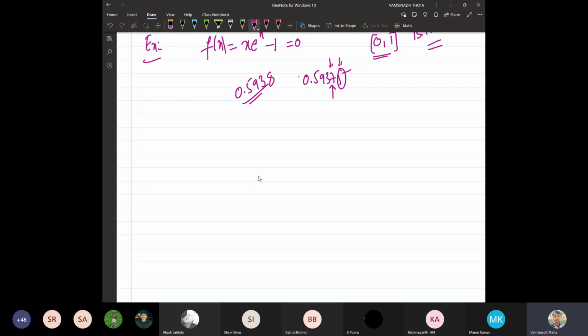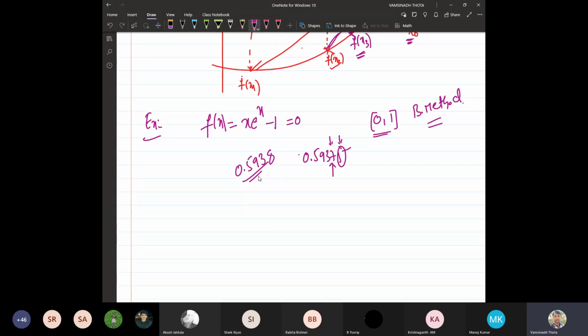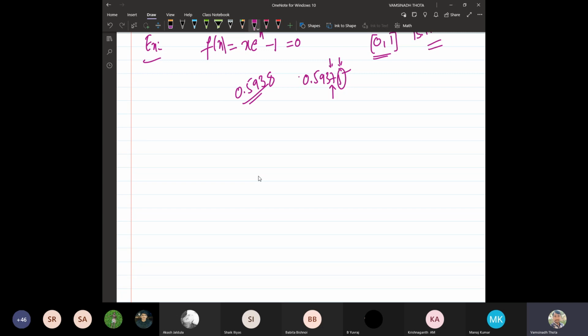Secant method. Sorry, now in the secant method we are not interested in the interval, right? Interval should not be there. Here x0, the initial approximation, is 0.5 and x1, the other initial approximation, is 1.